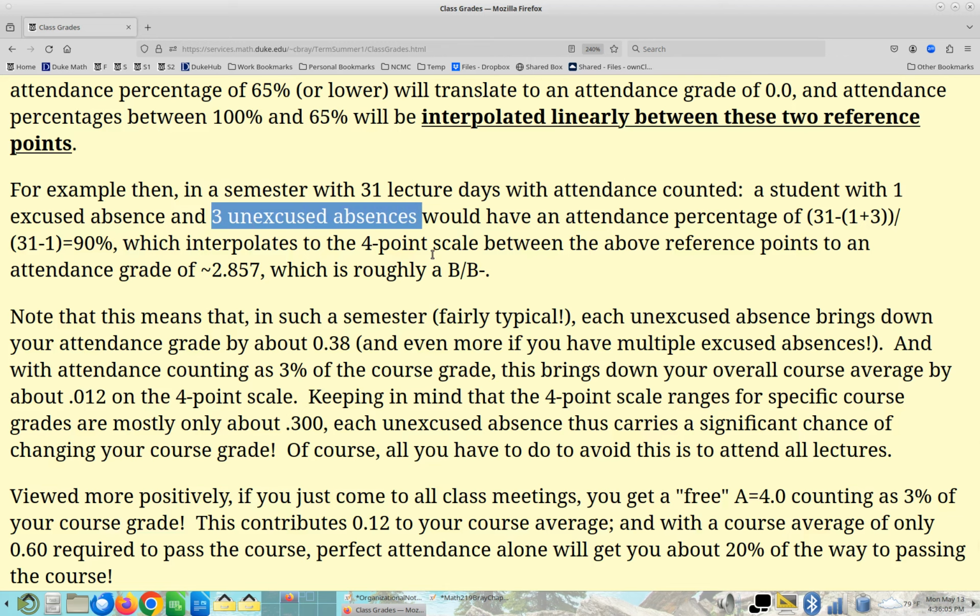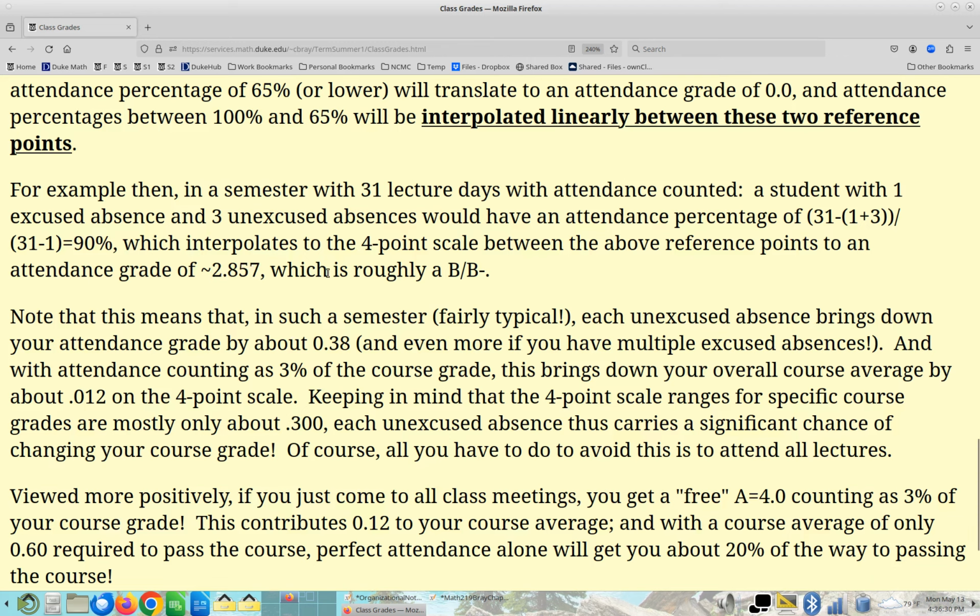Now again, don't make the mistake of thinking that 90% is an A. It's not. We're going to interpolate linearly between these 2 reference points. And in this case, 90% interpolated linearly is a B, right on the border between B and B minus.